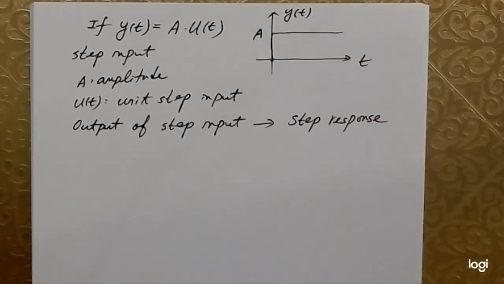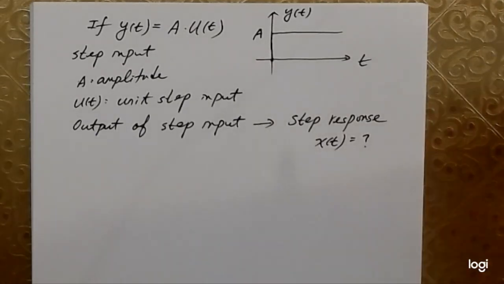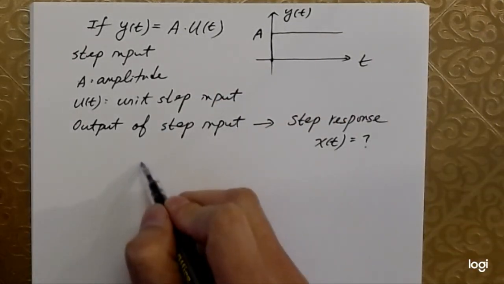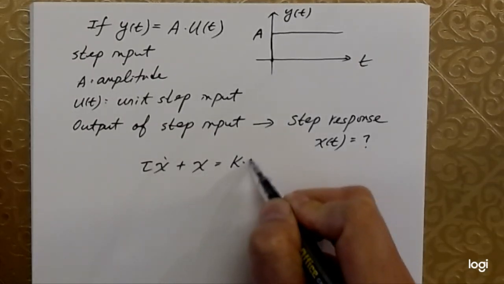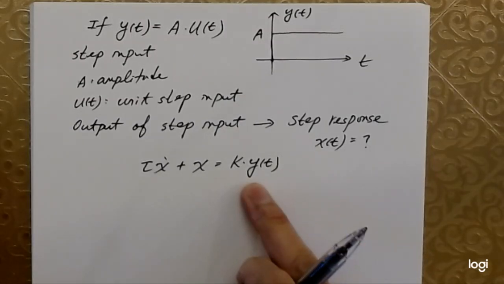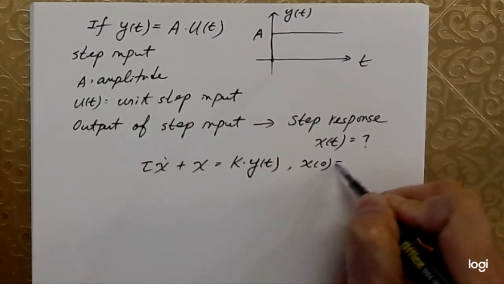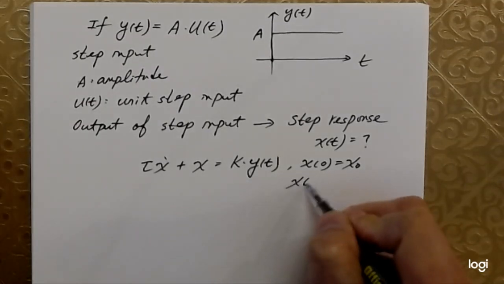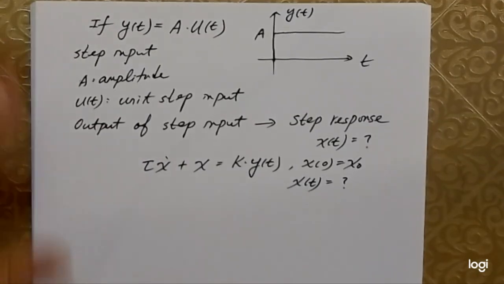Mathematically, that's our S of t, which solves the differential equation tau s dot plus s equals k y of t, where y of t is known and we know the initial conditions. We want to find the solution S of t.